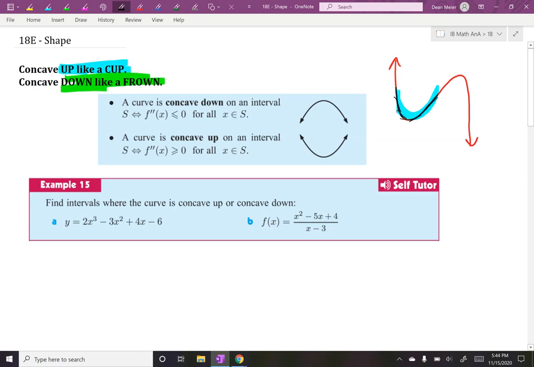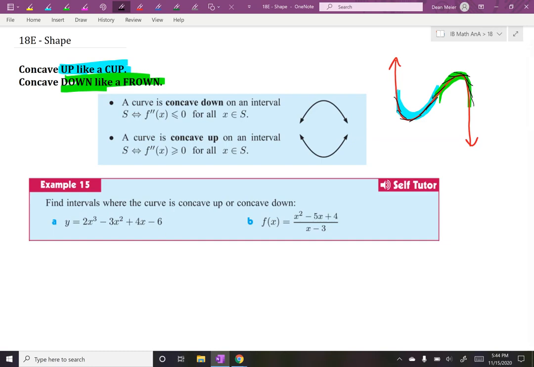And then concave down like a frown means the graph looks like a frown, but more importantly, all the tangent lines would be drawn above the graph. So you have concave up like a cup and concave down like a frown.